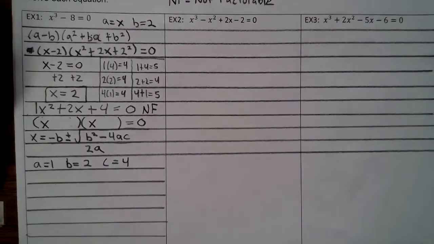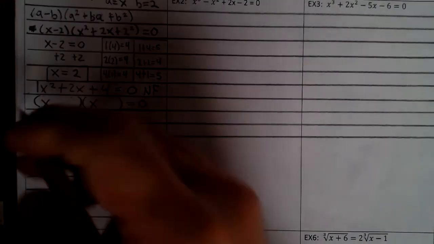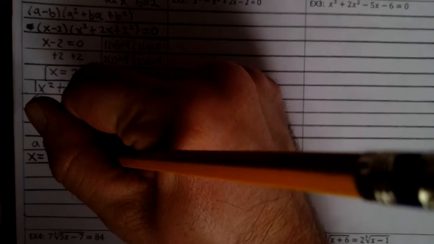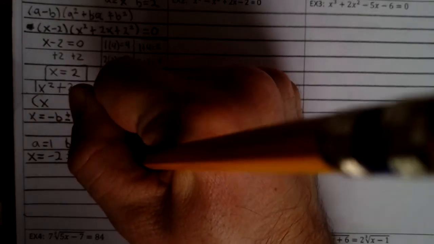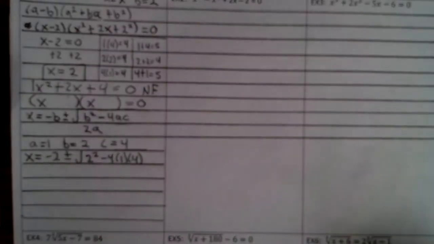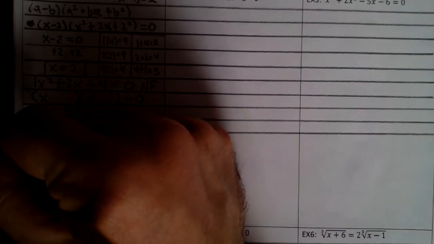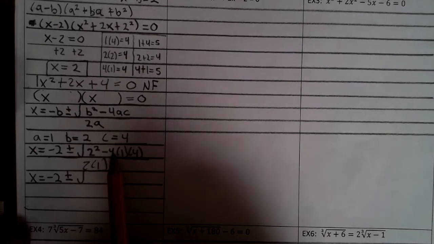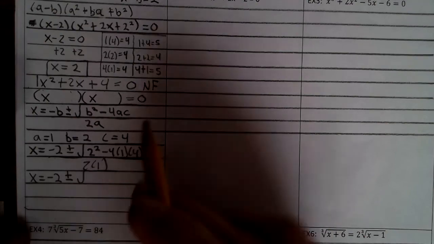Okay, so we're going to substitute those numbers into here. So x equals -2 plus or minus the square root of 2 squared minus 4 times 1 times 4 divided by 2 times 1. So then that's x equals -2 plus or minus the square root of, well, 2 times 2 is 4, minus 4 times 4 is 16, so that would be -12 divided by 2.